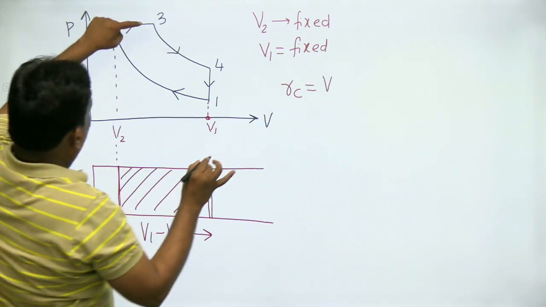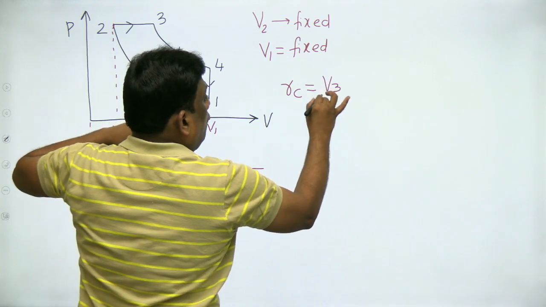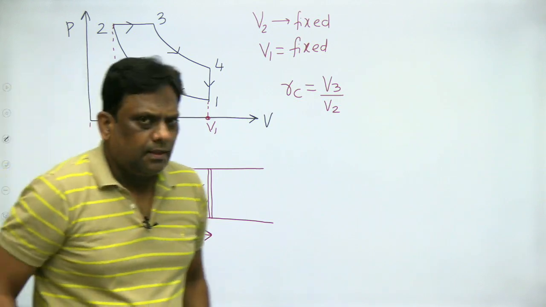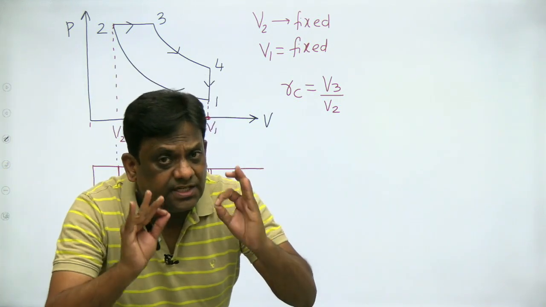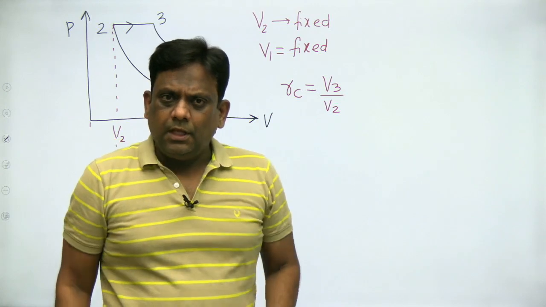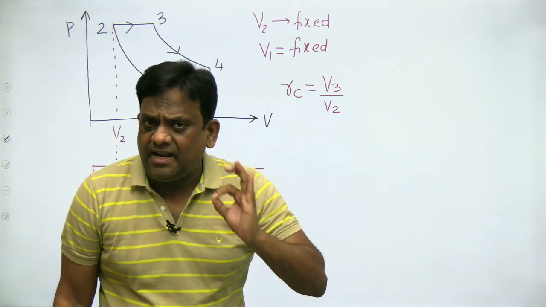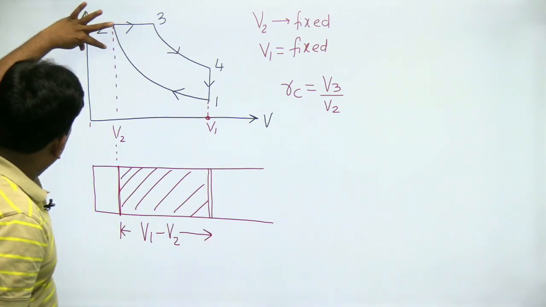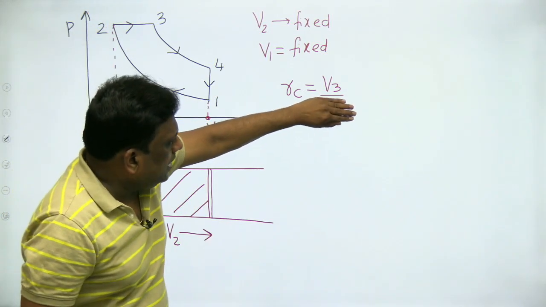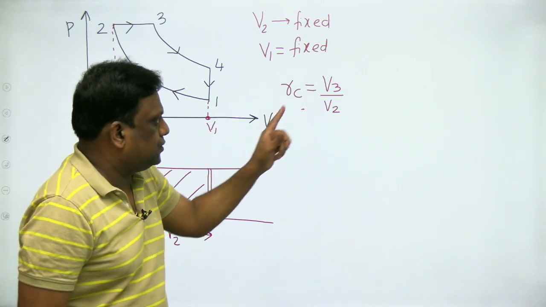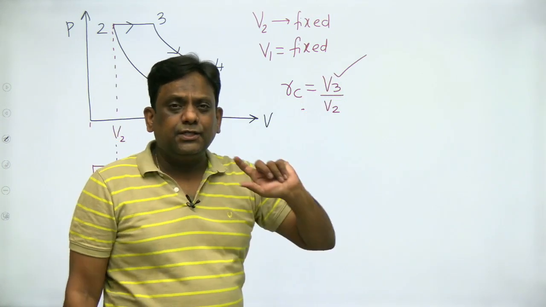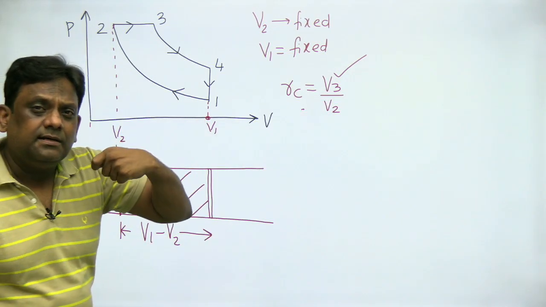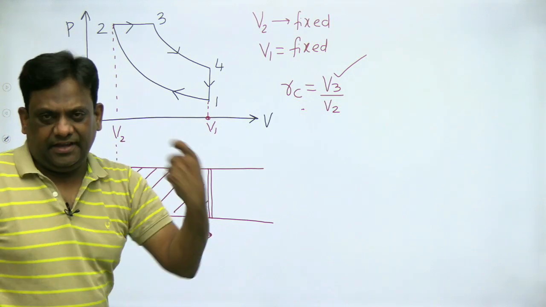Now, let us see what is cutoff ratio. We know that it is volume after heat addition to the volume before heat addition. Wonderful. Now, I want to change the cutoff ratio. The only option available for changing the cutoff ratio is, as you know my clearance volume is fixed, changing V3. That is, you can alter V3 by changing the quantity of supply of heat.